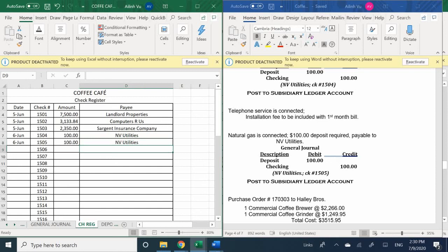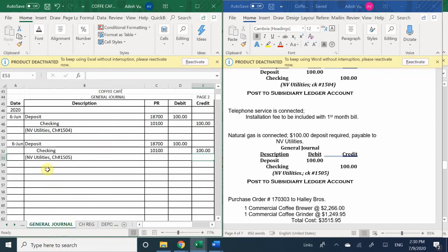All right. So now that we know the check number was 1505, if you haven't written it in yet, you have to go back to your journal and finish up your description. But I already wrote it in my scenario, so I figured I can save some time there.